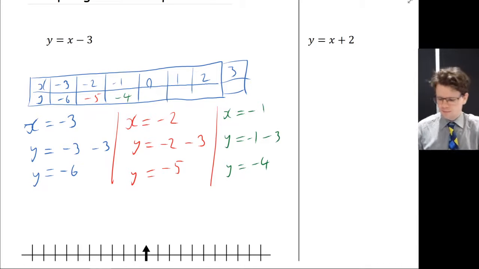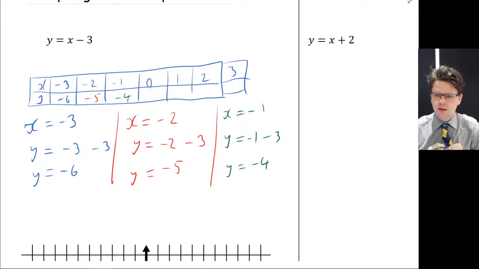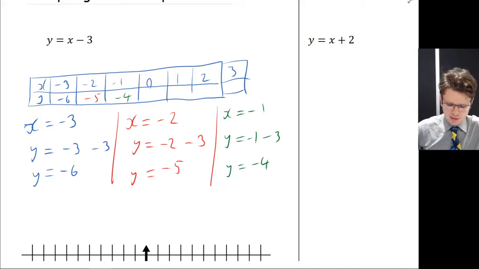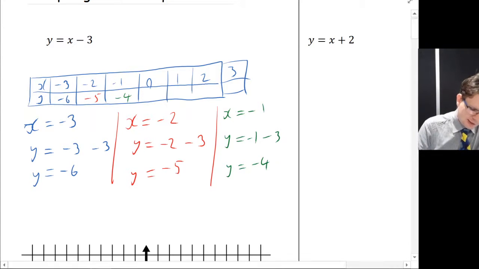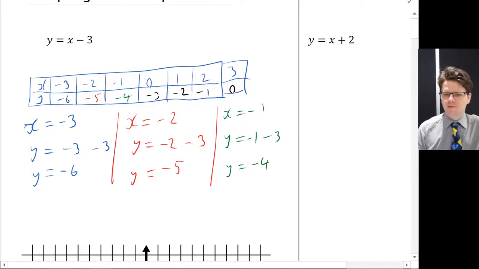Minus 6, minus 5, minus 4. And now we can have a look at the next number and ask, what do we think the next number might be? Well, I'm going to say it's negative 3. And I hope that some of you might be able to agree with that. And then I'd think it'd go negative 2, negative 1, and 0 would be the last number. Can you see why I'm thinking that?